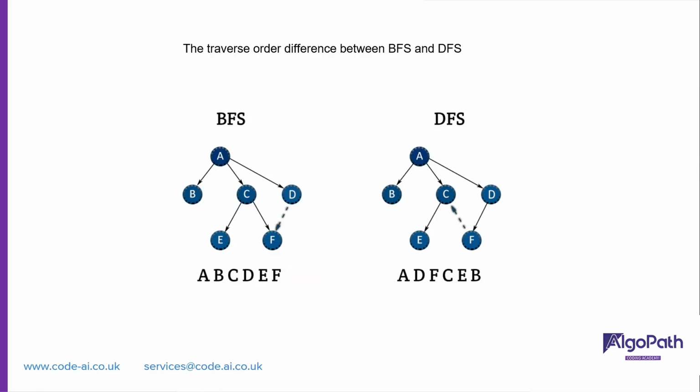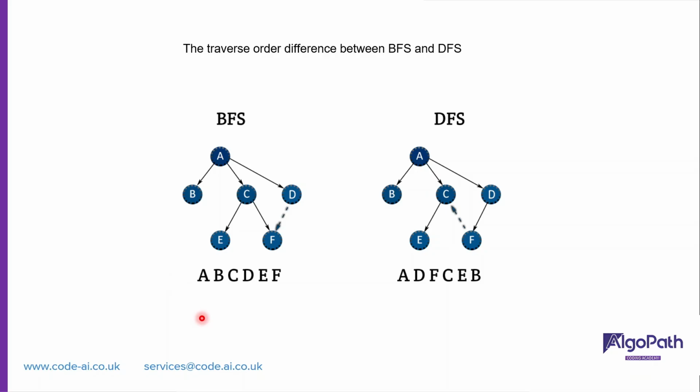Now, if we compare the traversal order of the same graph using BFS and DFS, this would be it. With the help of DFS, this graph would be traversed and the order of the visited nodes would be A, D, F, C, E, and B. But for BFS, it would be a bit different.